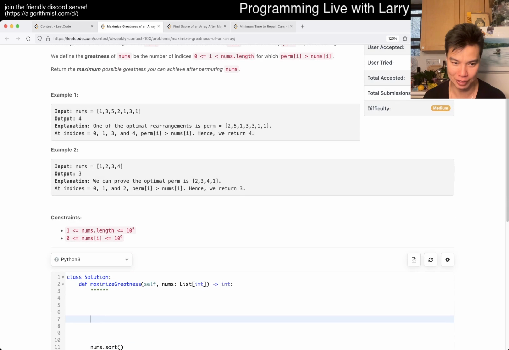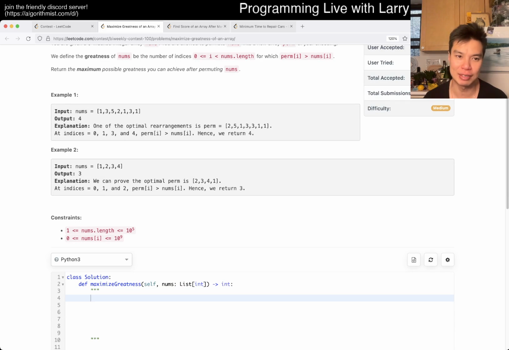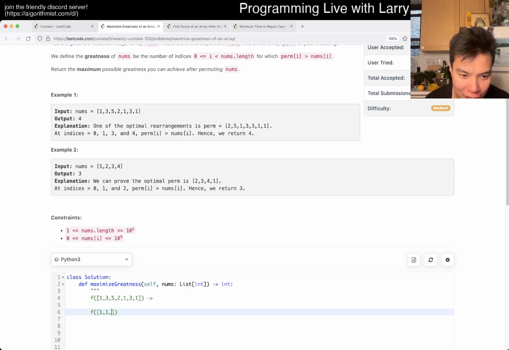This is already spoilery. But basically, let's say you have this one, right? The best answer for this one goes into something like this, right? And this is just disordered, of course.